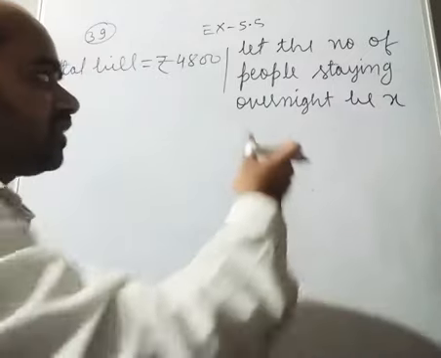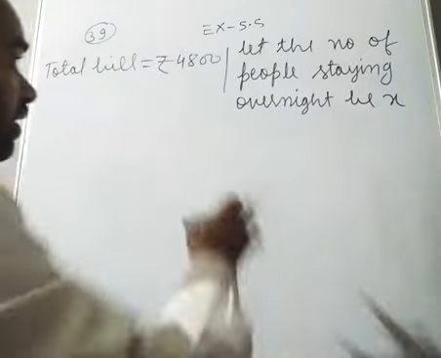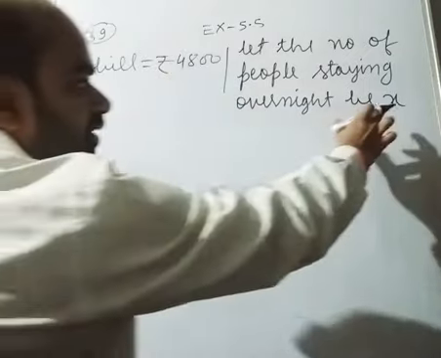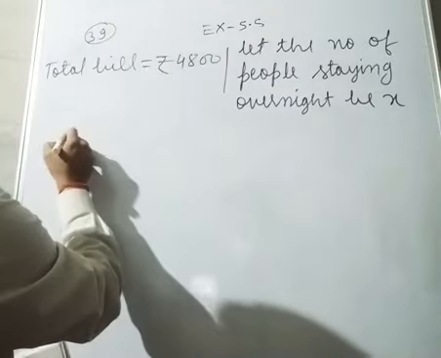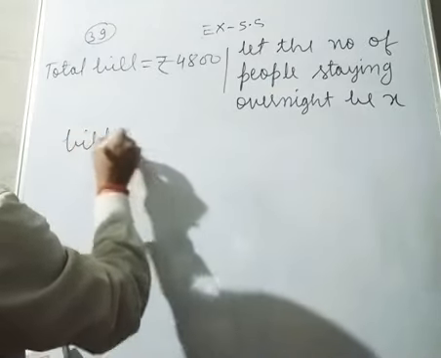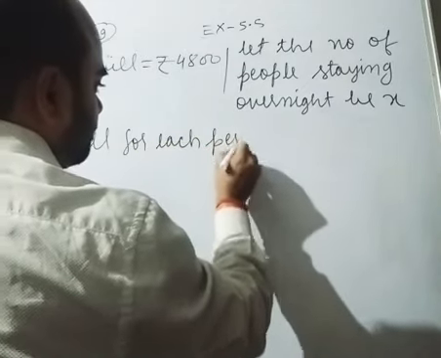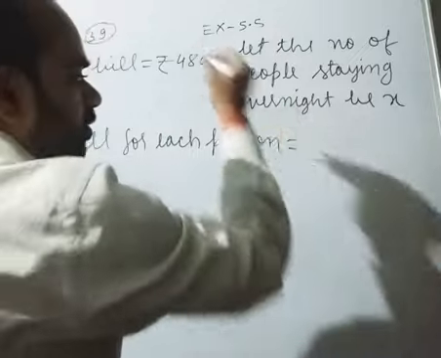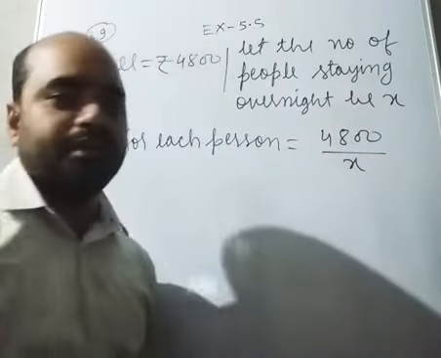Now we suppose the number of people staying overnight be x. Total bill is 4800, number of people x. It means what is the bill for each person? Again the same: total bill divided by number of people staying.